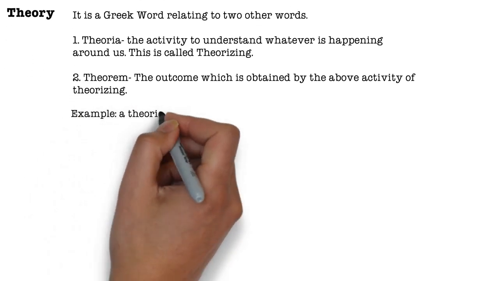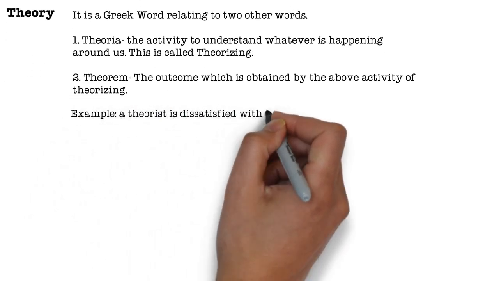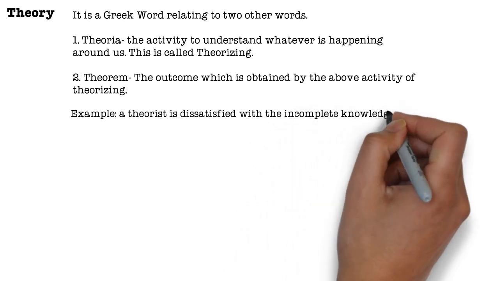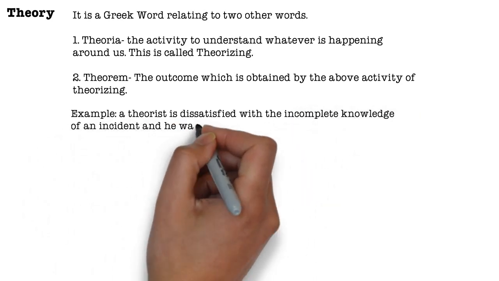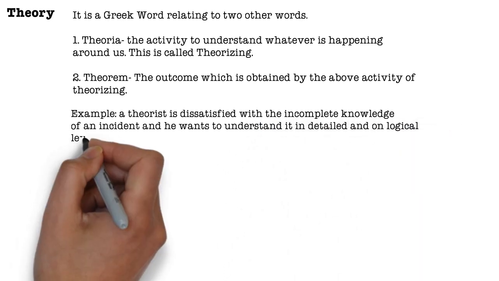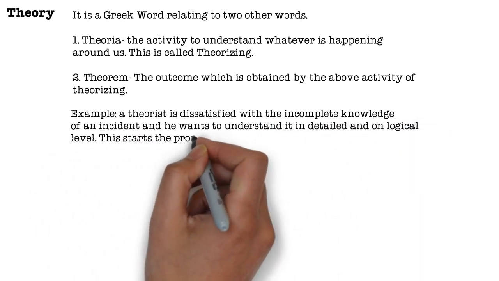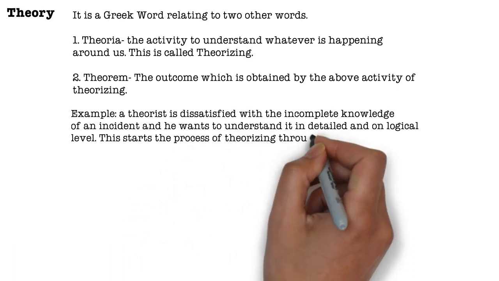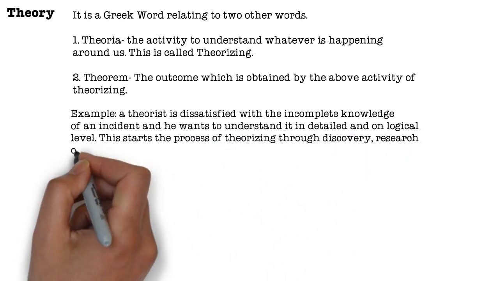For example, in case a theorist is dissatisfied with the incomplete knowledge and he wants to understand it in a detailed manner and on logical level. This starts the process of theorizing through discovery, research, or investigation.